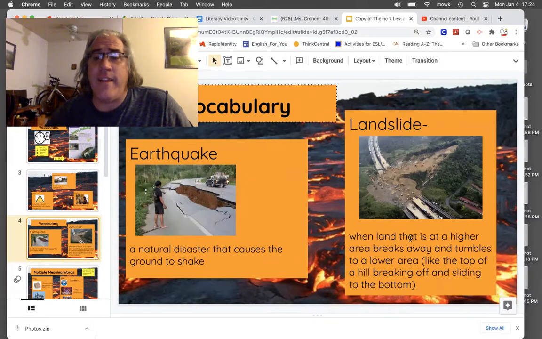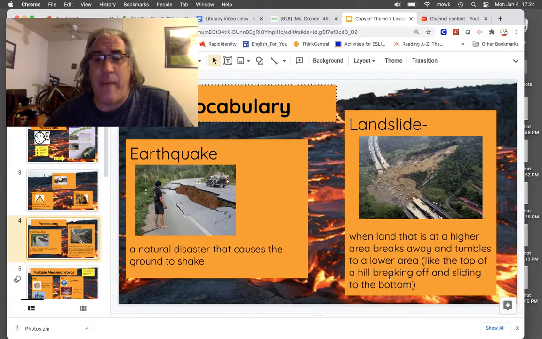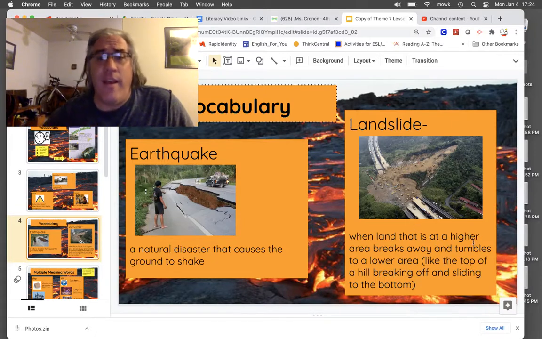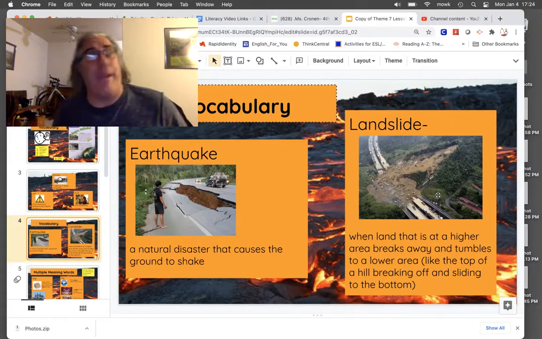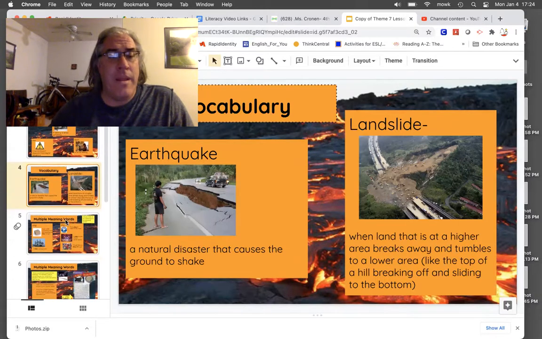Well, land that is at a higher area breaks away and tumbles down into a lower area, like the top of a hill breaking off and sliding to the bottom. If you've ever heard of an avalanche, that's with snow, but it's kind of the same thing. Landslides happen sometimes in Minnesota after it rains a lot, but it happens even more in places like California or Mexico or Ecuador. All right.